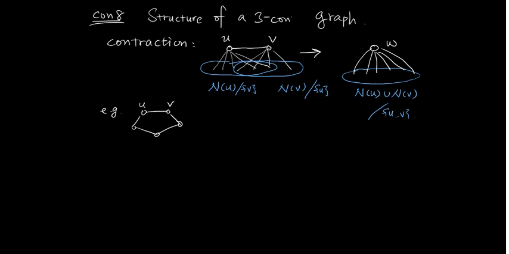So you can combine U and V, and we call that W. Preserve all the remaining vertices, but U is adjacent to one vertex below, V is adjacent to the other vertex below. So this means that W is adjacent to 2 vertices here. And so the contraction of C5 is equal to C4.